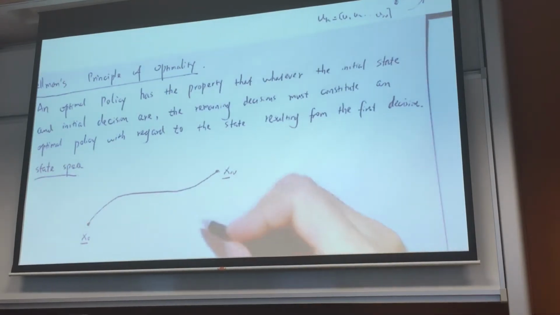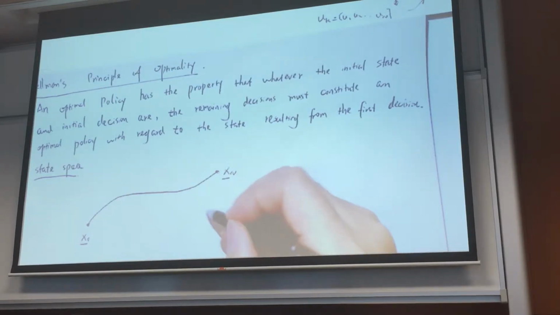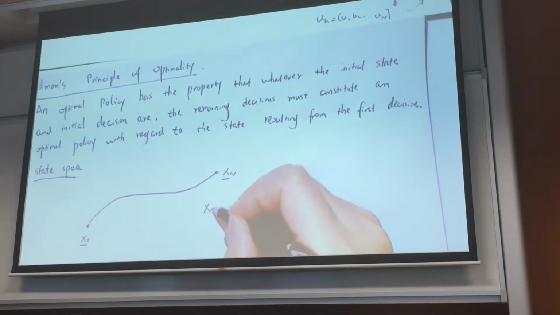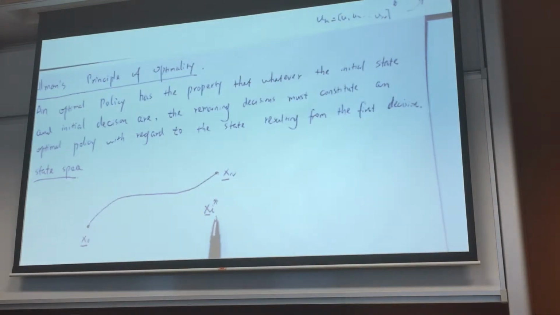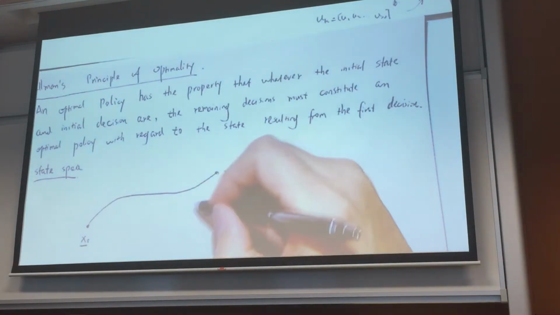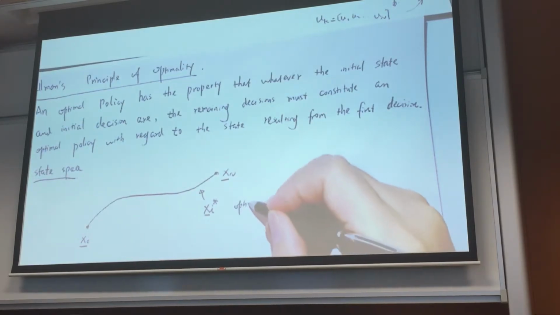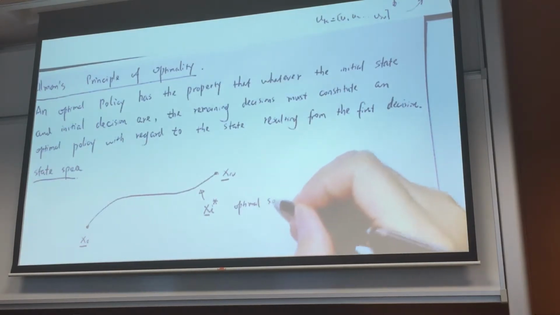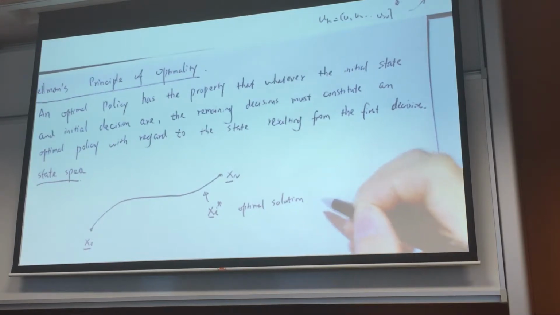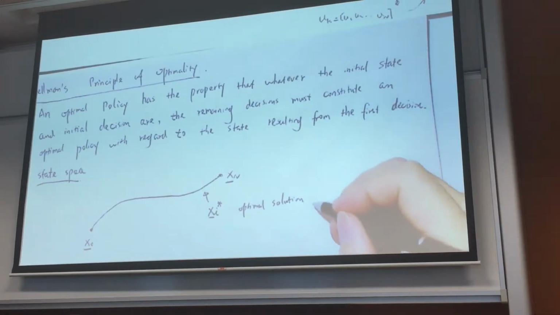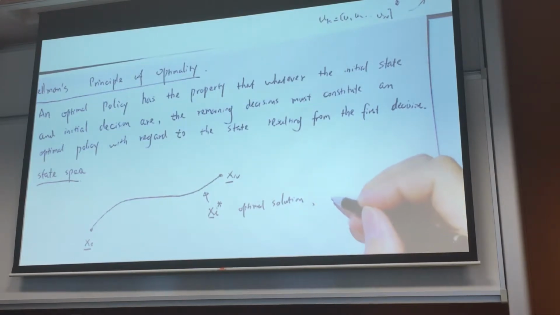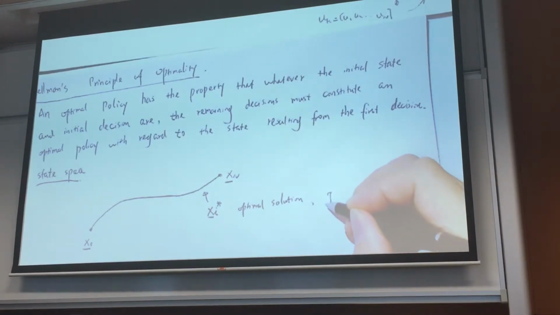This optimal trajectory is given by, for example, xi star. Let's put a star, meaning it's already optimal. This optimal solution gives us the minimum cost, the V star.